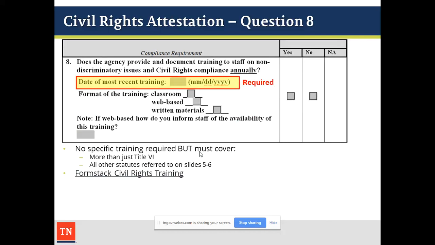There is no specific training required, but the training must cover more than just Title VI. So it must cover all those other statutes that were referred to in the big blue bubble on slides 5 and 6. You may use our Form Stack Civil Rights training. If that's what you want to use, you're welcome to, and that will fit the bill. And it is here.